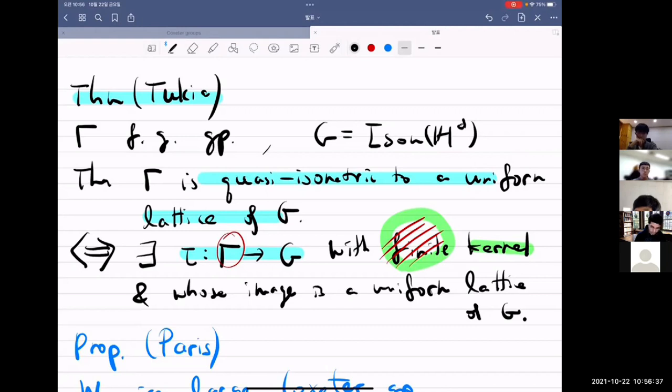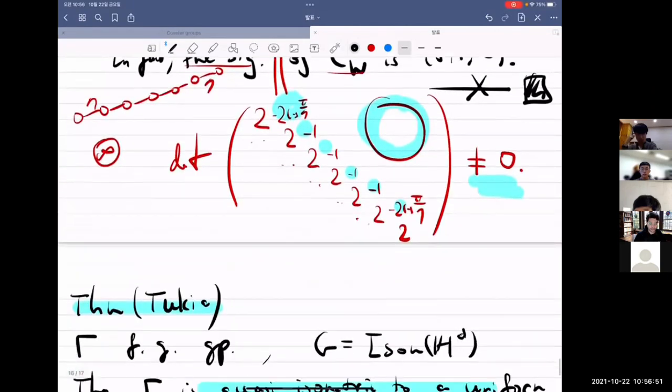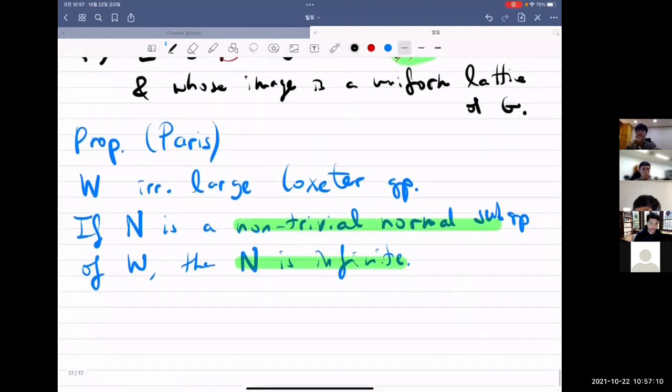Then there is a contradiction. So we said that W is not isomorphic. My point is that passing to finite index makes no change for this quasi-isometric property. So we can upgrade to the manifold group, which is a finite index torsion-free subgroup of W.